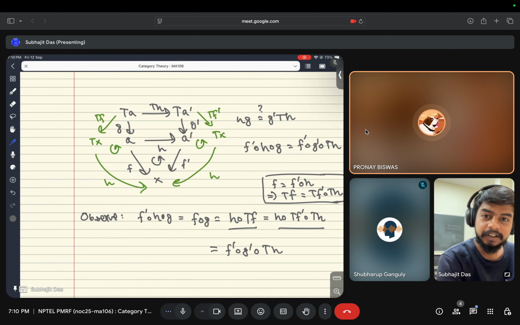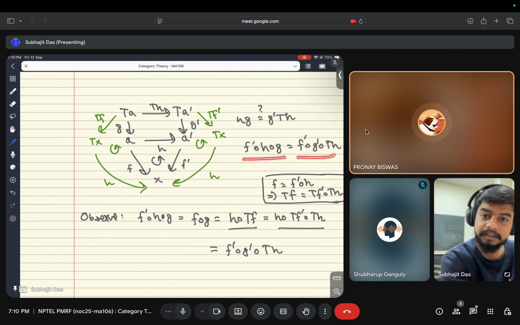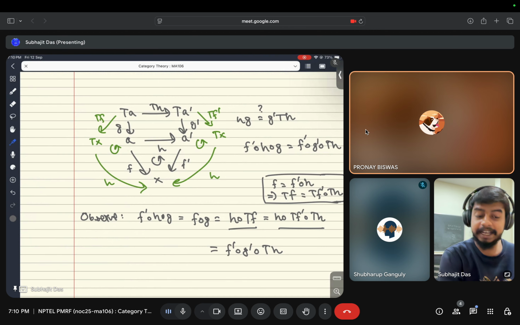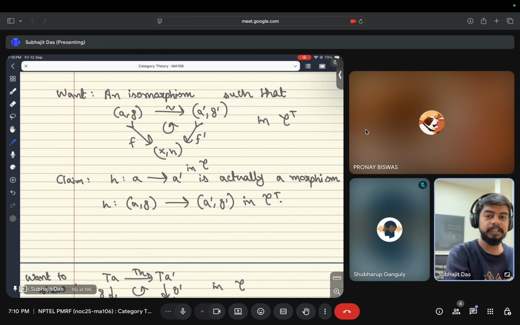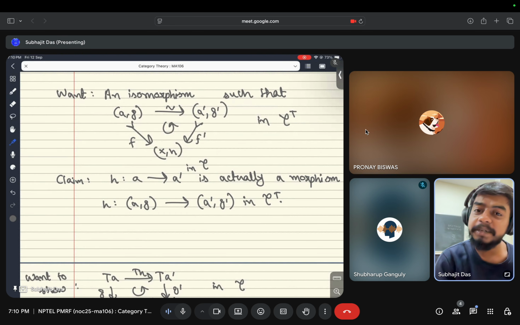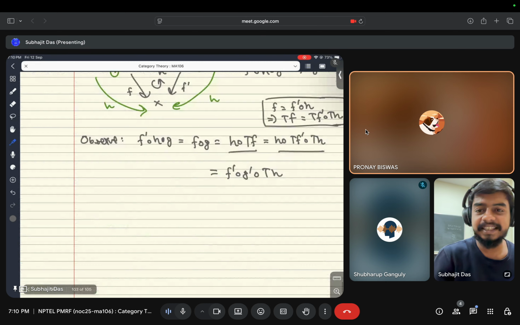We are done with that, and in fact we are done with the problem. Why is that? F prime was something very specific, and F prime has this property, which is, as you can see from the barbed tail of the arrow, F prime is a monomorphism. So it's left cancelable.